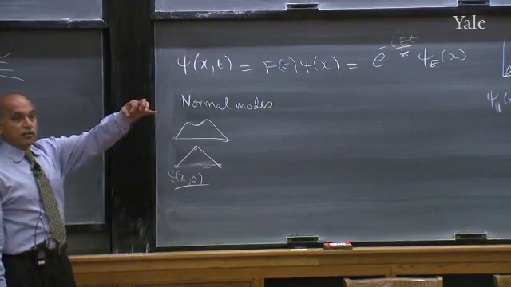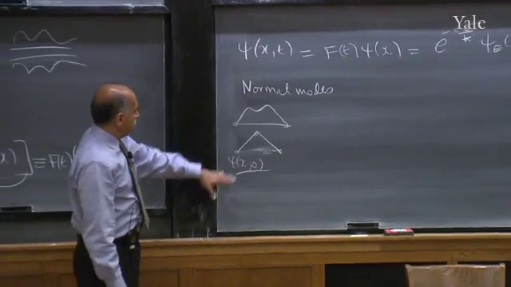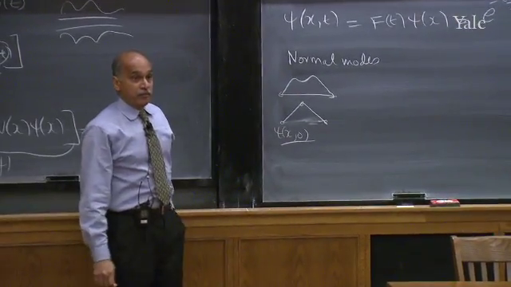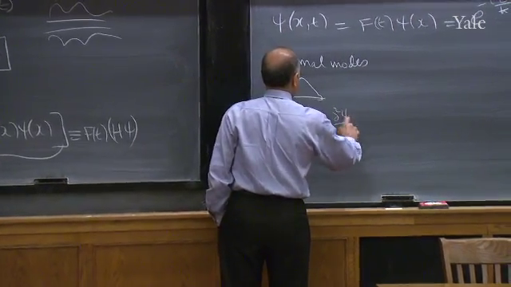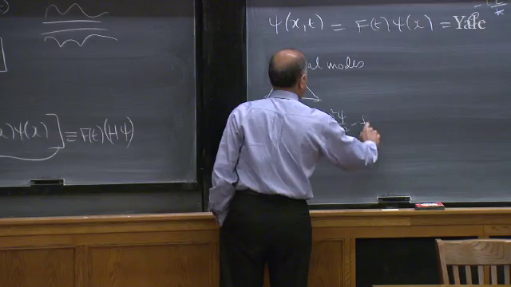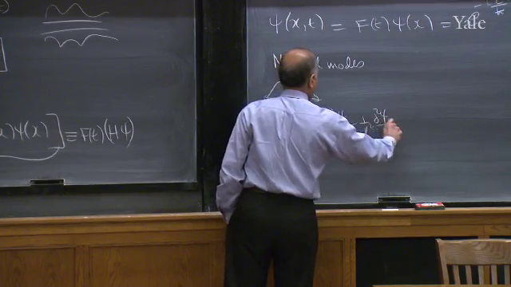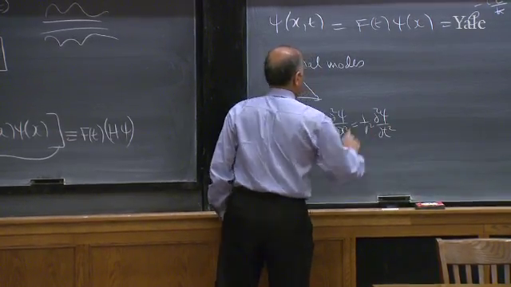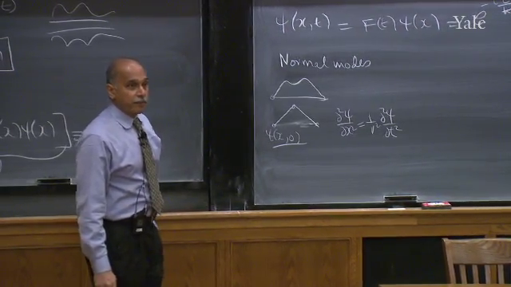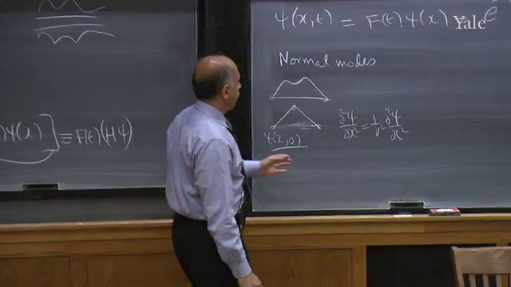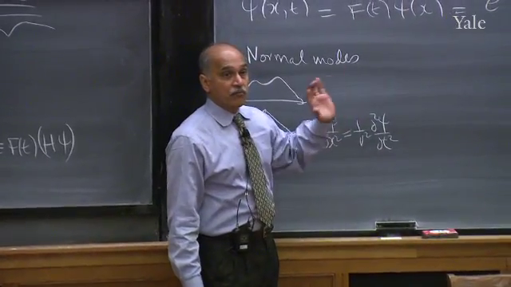Pull it in the middle, let it go. That's an equation that determines the evolution of that string. I remind you what that equation is: d2 psi over dx squared minus 1 over velocity squared d2 psi over dt squared. That's the wave equation for a string. It's somewhat different from this problem because it's a second derivative in time that's involved.